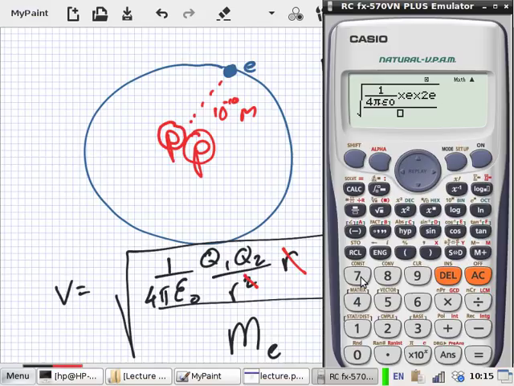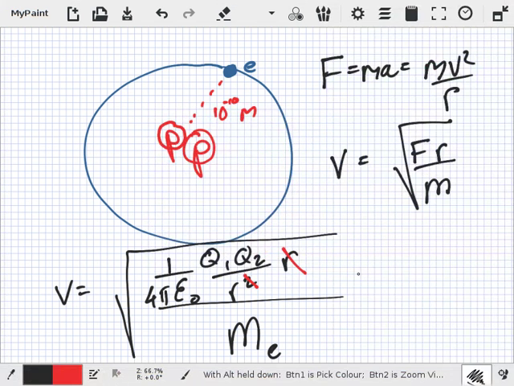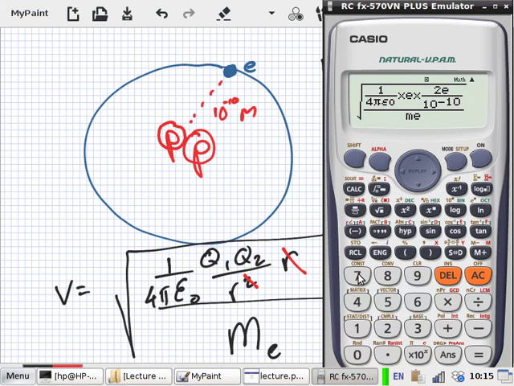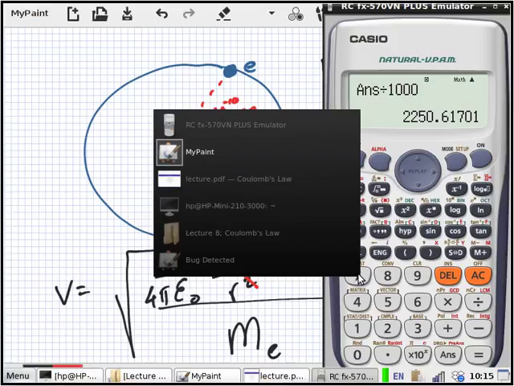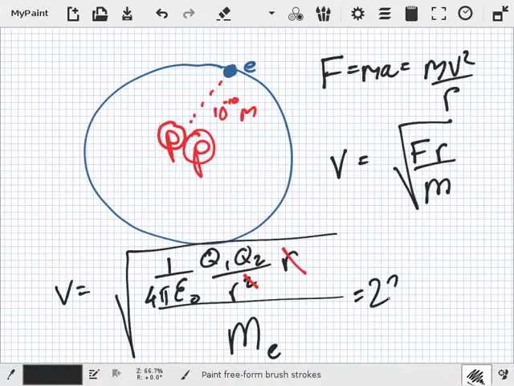And that's over 10 to the power of minus 10, and that's over the mass of an electron. I think I have all of that. Looks okay. Let's put this in kilometers per second. 2,251 kilometers per second. Pretty fast.